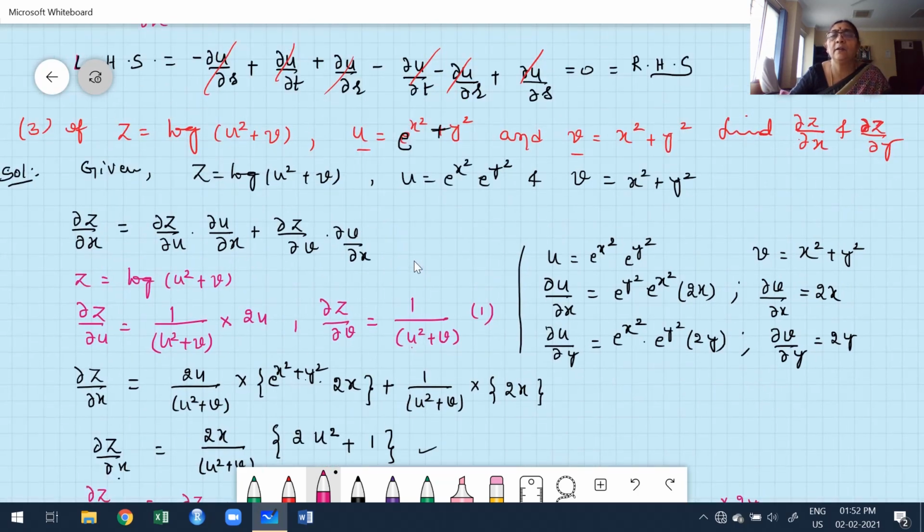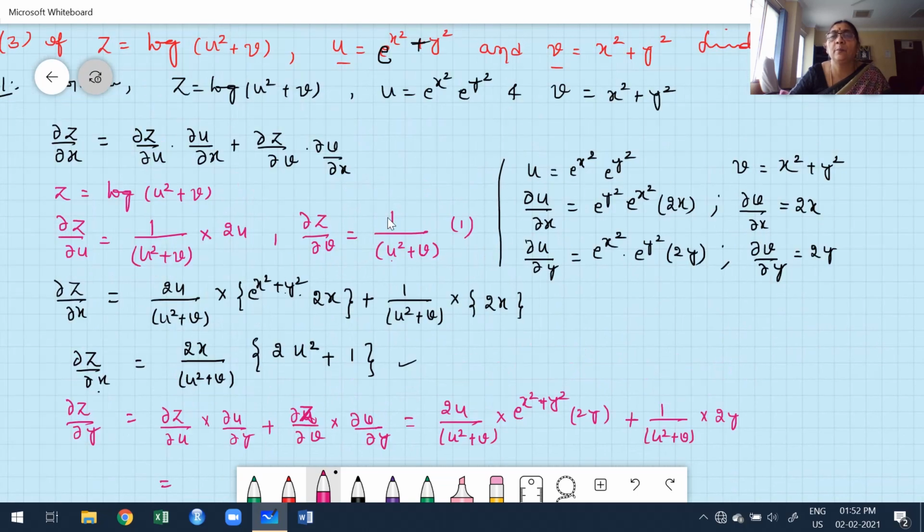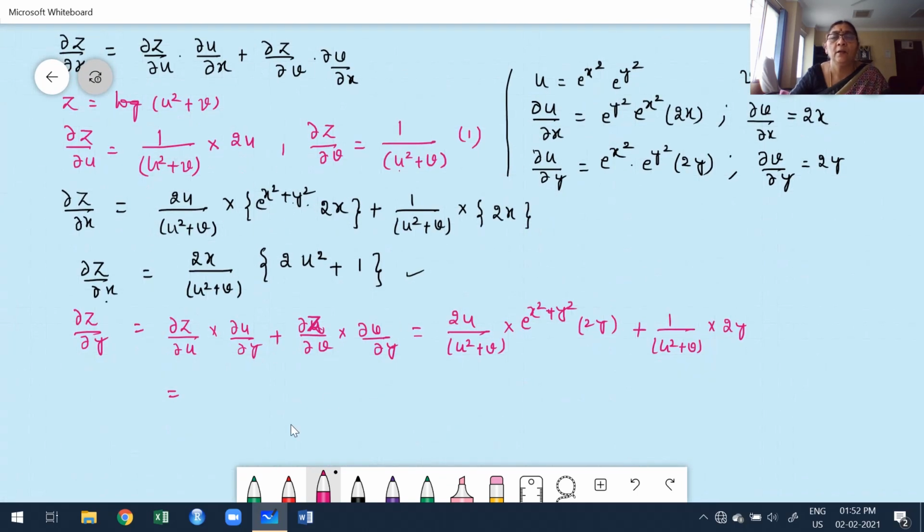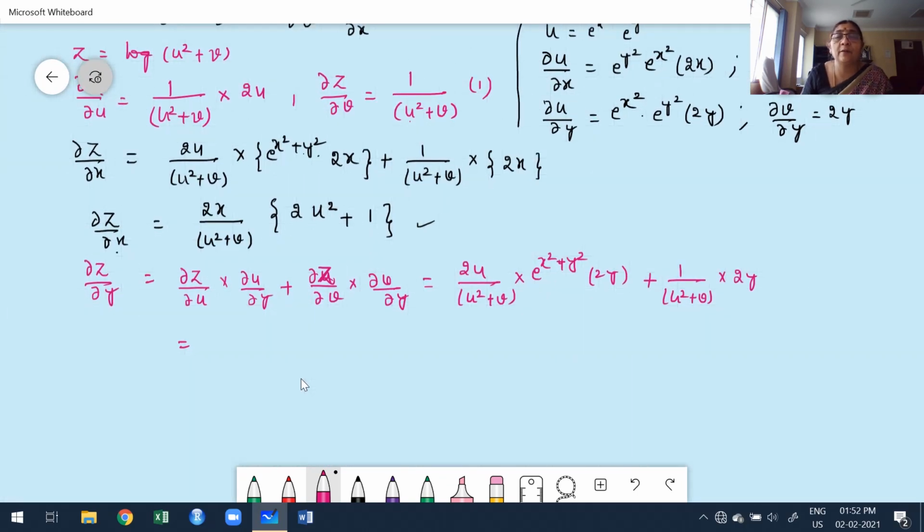Yeah, here I wrote x square plus y square, correct. The problem is correct, okay, fine. 2y, what's a common factor from these two? 2y divided by u square plus v is a common factor. 2u, again e power of x square plus y square is u, we get 2u square plus 1, okay.